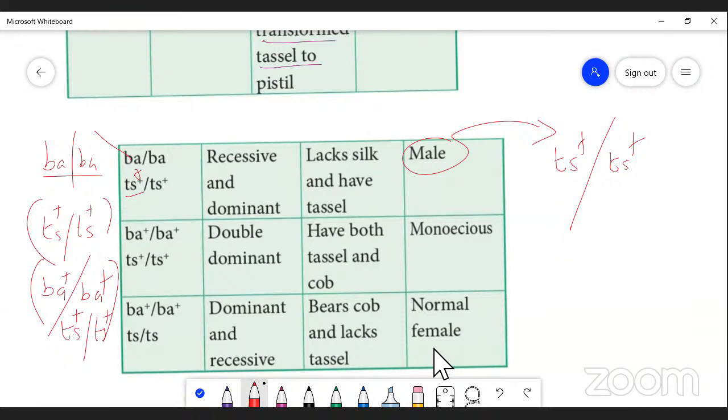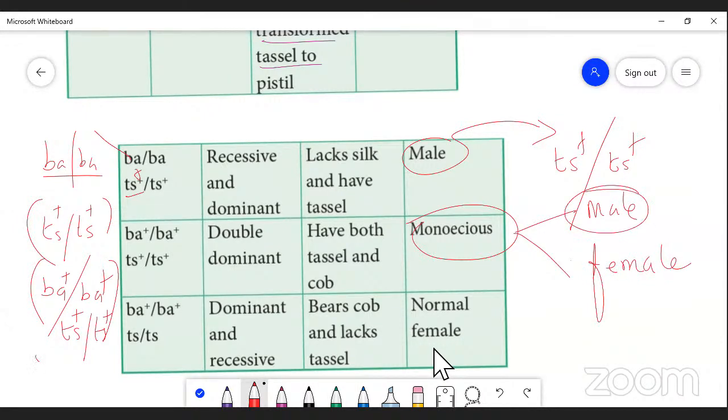Then what is its nature? It is called simply monoecious. Here both maleness and femaleness are determined, because the allele for maleness is ts plus and the allele for femaleness is ba plus. Both alleles are present, right?